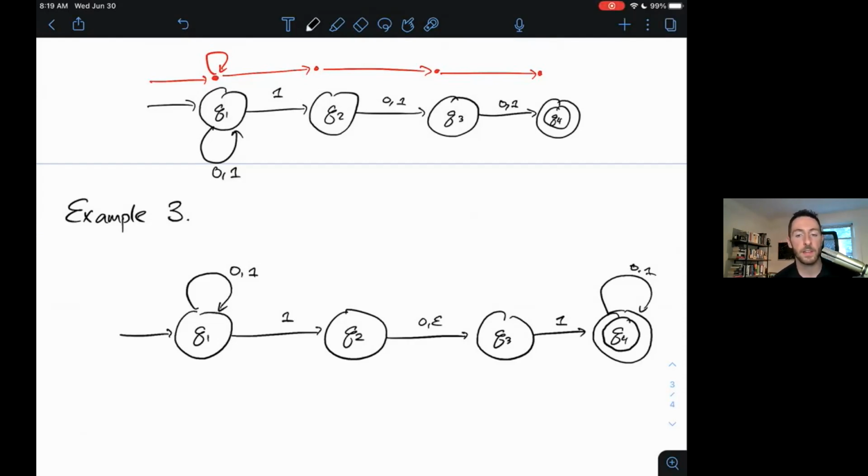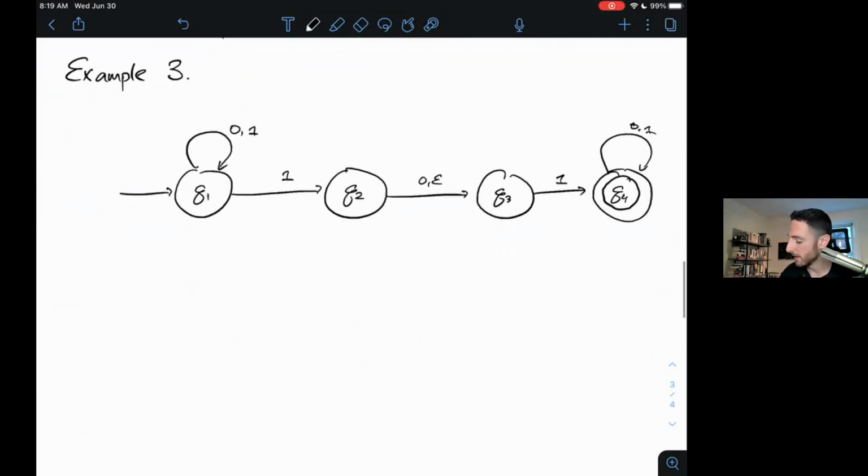And at that point, any branch of computation that makes it to Q4 will stay there. So this NFA state diagram, in fact, recognizes the set W containing all strings with 11 or 101 as substrings.